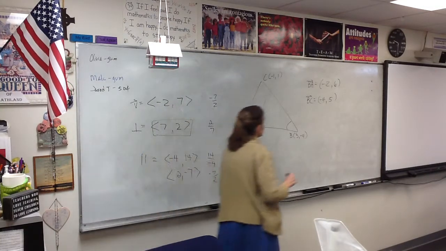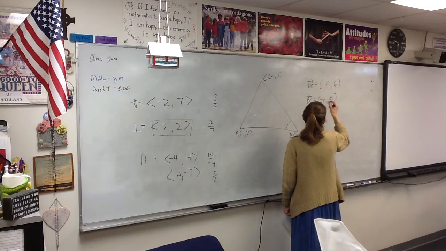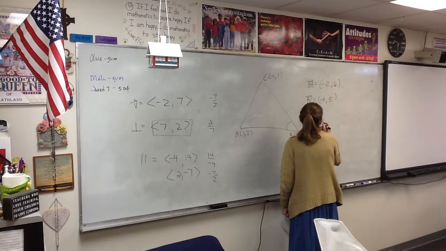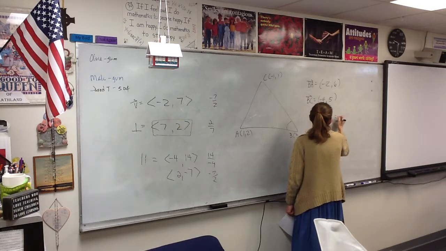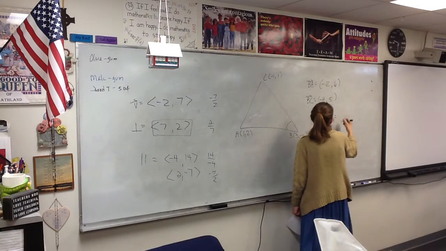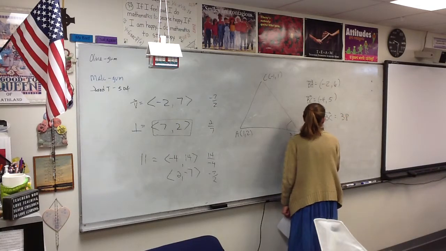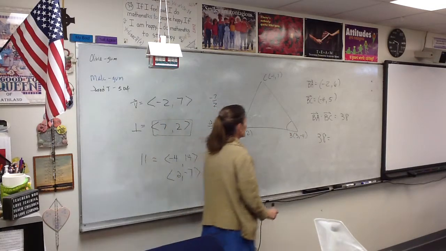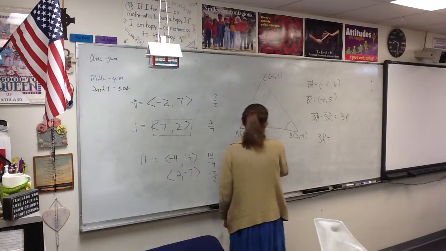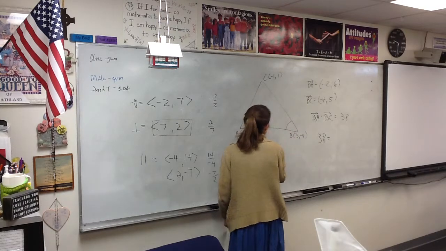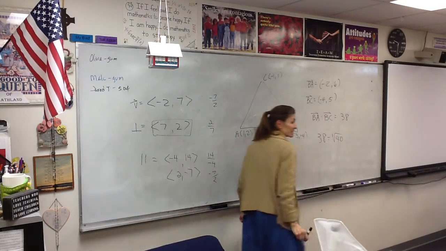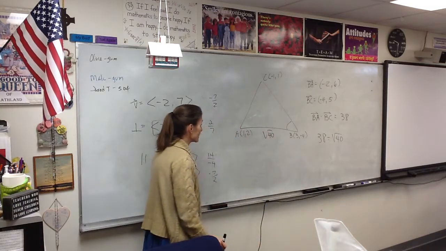Dot product. Dot product says multiply x's, multiply y's, add them together. What does that give me? 38. 38, perfect. Now what do I do with that 38? I set it equal to the magnitude of the first vector, BA. The magnitude of BA would be root 40. Simplifying it is not the answer, so might as well just leave it root 40.